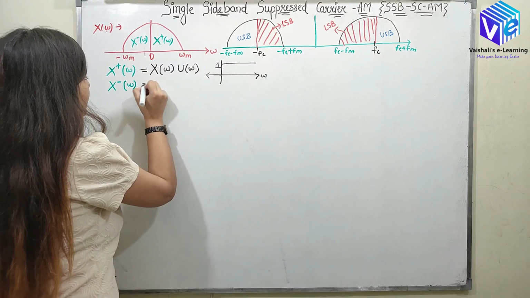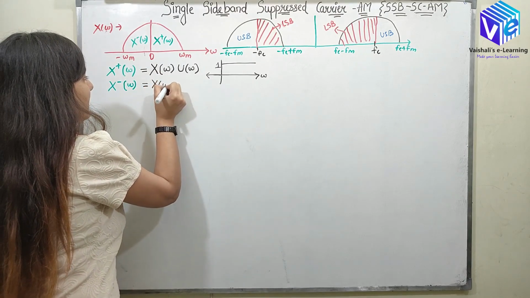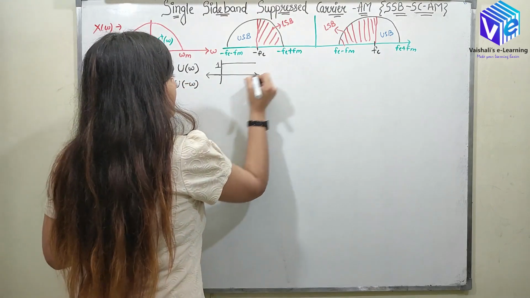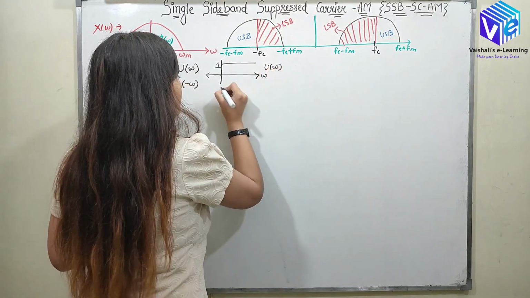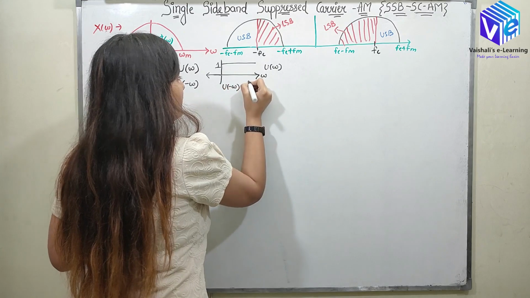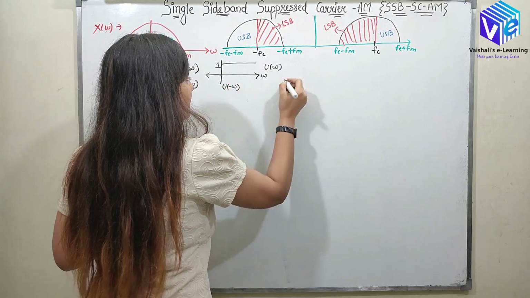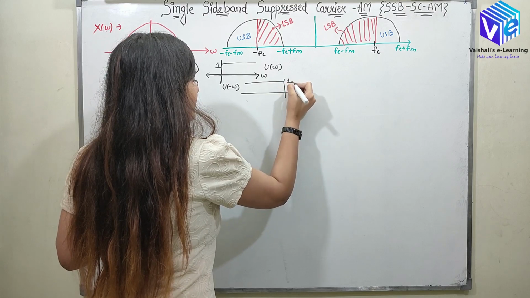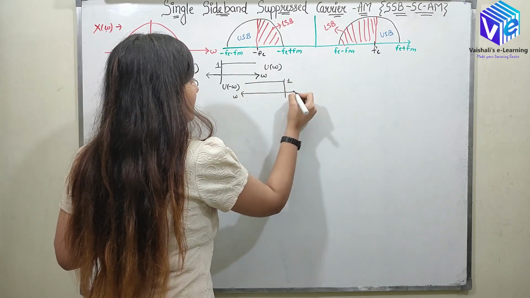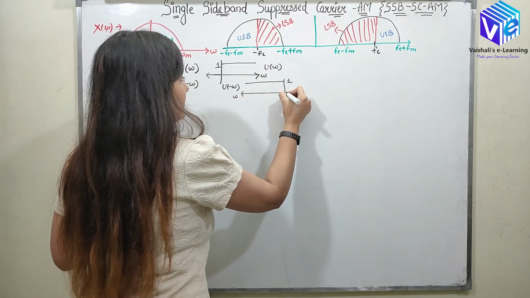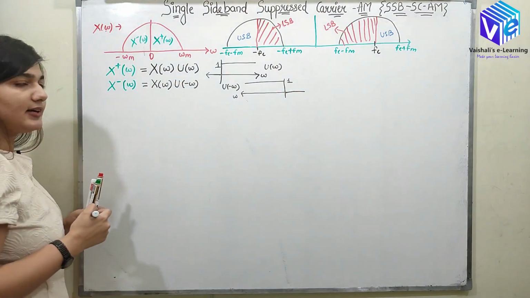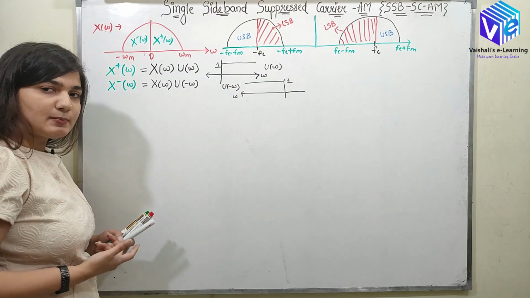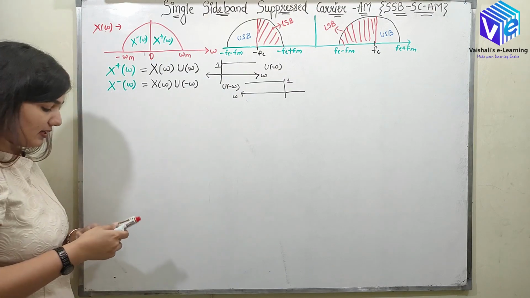Similarly, X minus omega would be X of omega multiplied with u of minus omega. It is 1 for omega less than 0 and it is 0 for omega greater than 0. So this is how I can represent X plus omega and X minus omega.